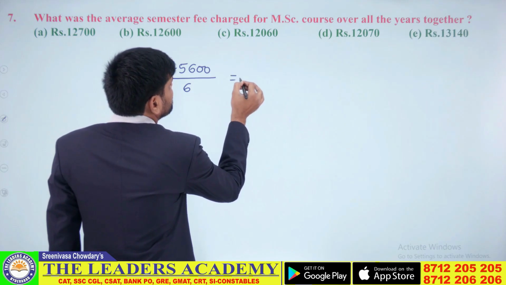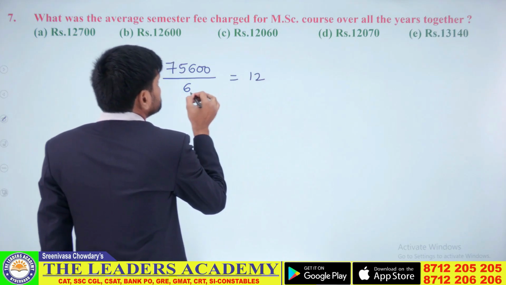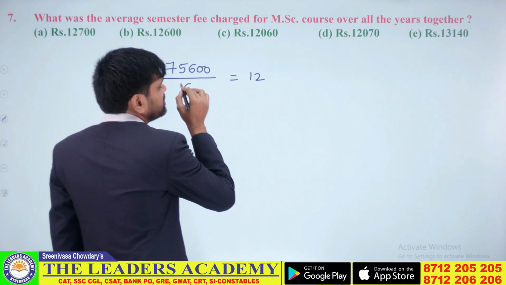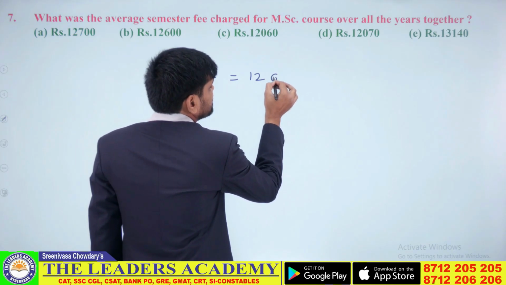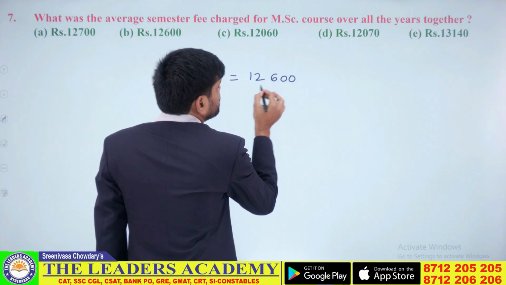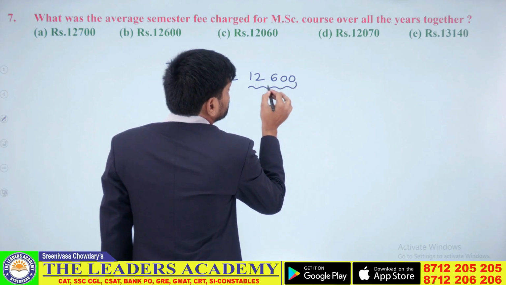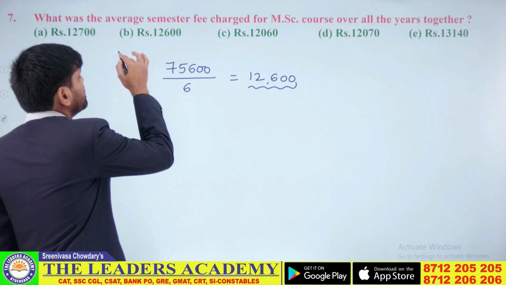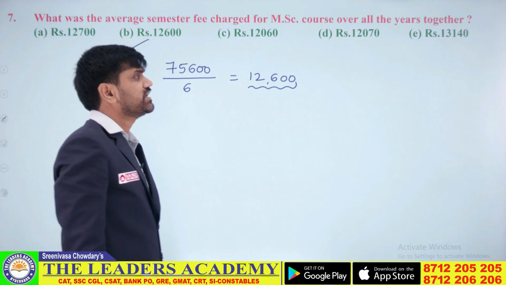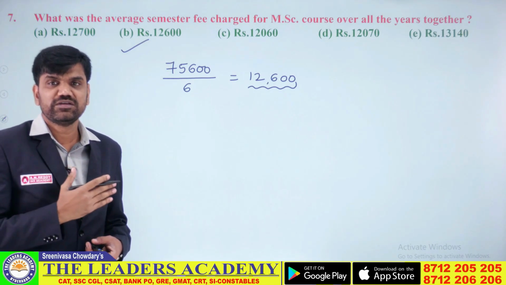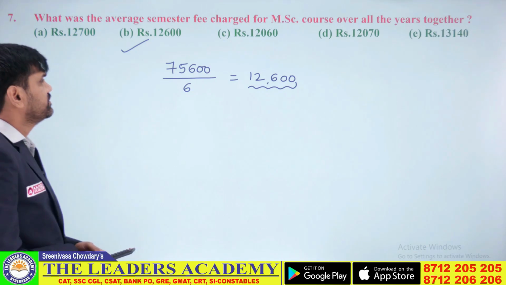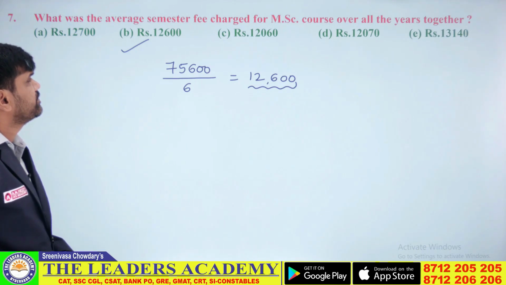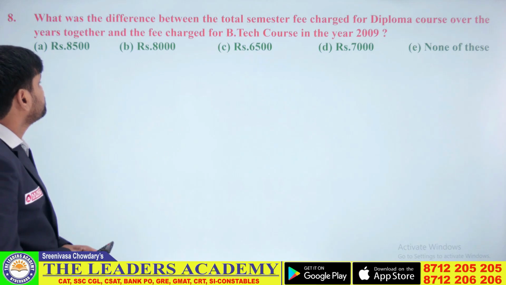And dividing this, this will give you how much? 6, 12 is a 72, 3 is there 6, 6 is a 36, 0, 0. Hence it has to be how much? 12,600. 12,600 rupees. Hence your answer has to be what? Option B. Right dear.